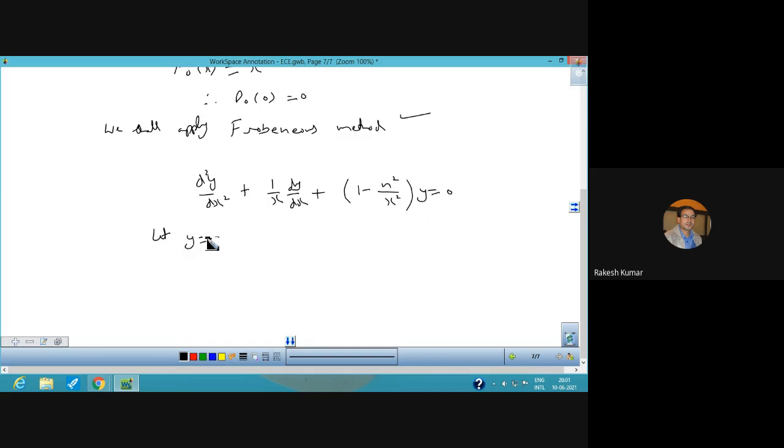So let y is equal to summation a r x raised to power m plus r, and r varies from 0 to infinity, be a solution of Bessel differential equation, either first one or this one. So these are the solutions.